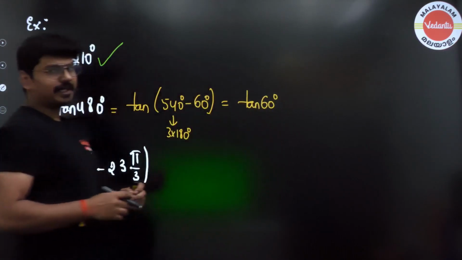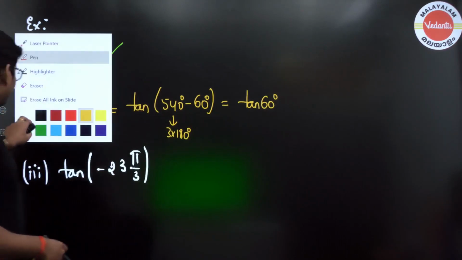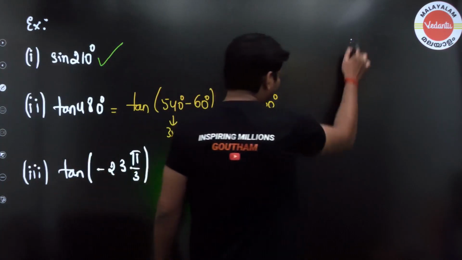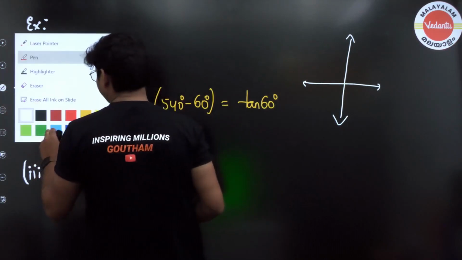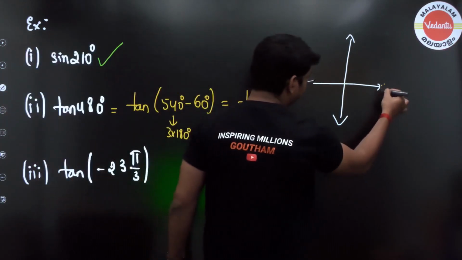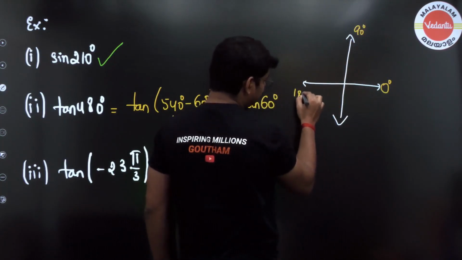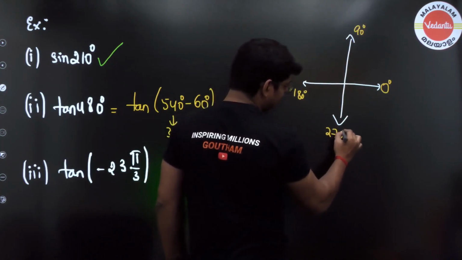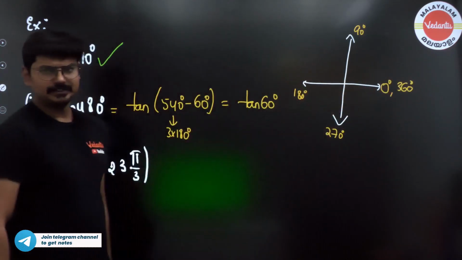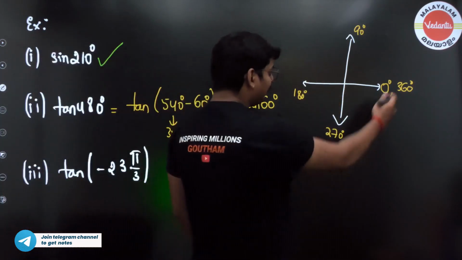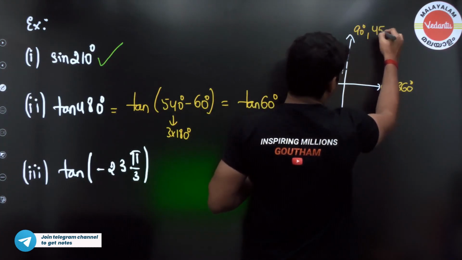Whether it's positive or negative depends upon where this angle, which is 480 degrees, is going to lie. Now the students might get confused, because plotting 480 degrees might be a bit of trouble for you. For example, let's say you start here, this is 0 degrees, here you have 90, here you have 180 degrees, here you have 270 degrees. Again you come up, you complete the entire circle, you go with 360 degrees. You can continue further. You add 90 to 360 and you get 450 degrees.